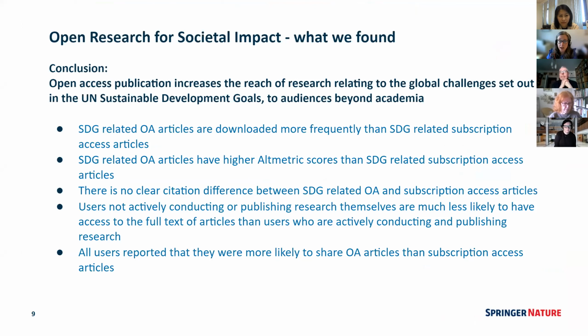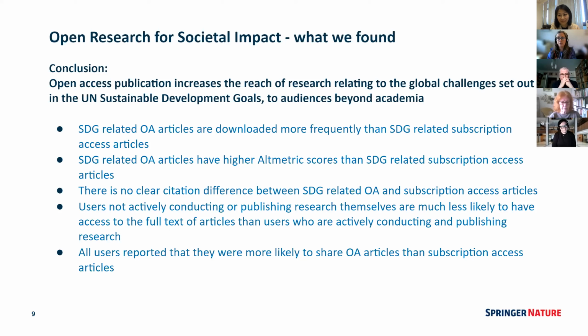So we've released a white paper that details the findings, but to summarize right now, what we found was that open access articles relating to the Sustainable Development Goals are downloaded and shared more than subscription access articles relating to the Sustainable Development Goals. We found altmetric scores for SDG related open access articles to be higher than for subscription access articles, but we did not see a clear citation advantage for open access articles over subscription access articles.